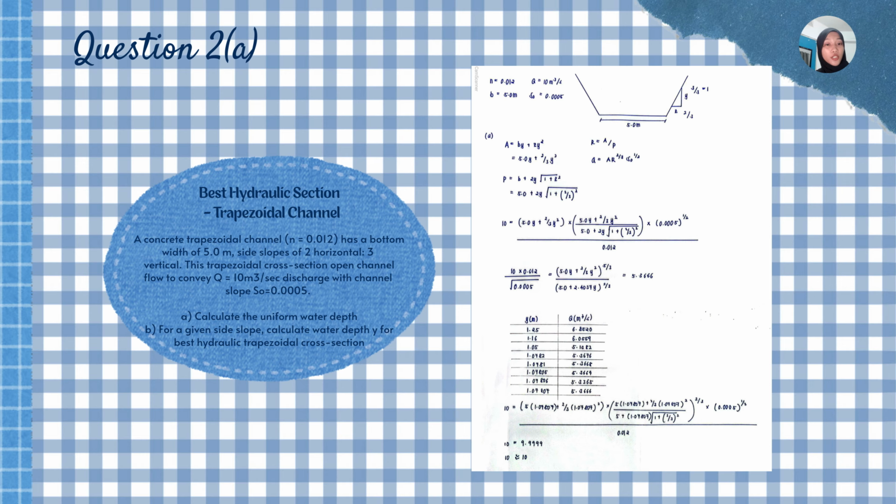Okay, for a trapezoidal channel, the area is calculated as by plus zy squared. The wetted perimeter is b plus 2y square root of 1 plus z squared.